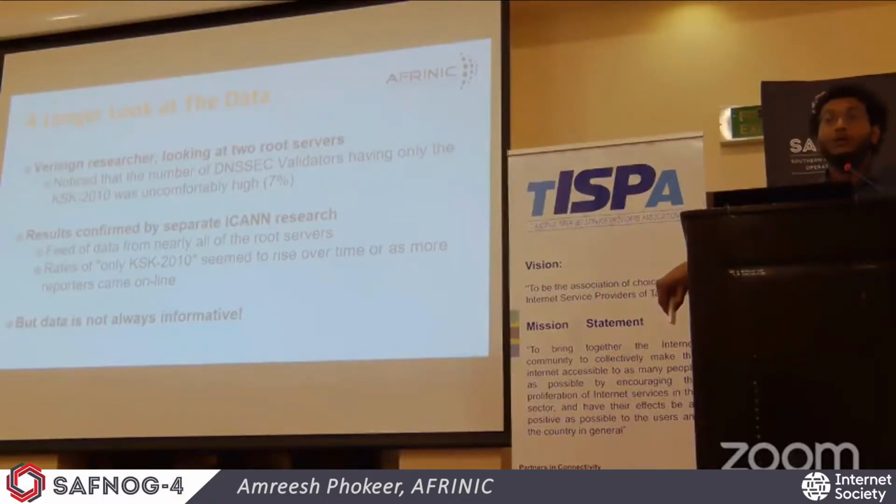And why was it on the rise? Because as soon as people were implementing and deploying resolvers with the RFC 8145 code, the number of them reporting the KSK was just going up.